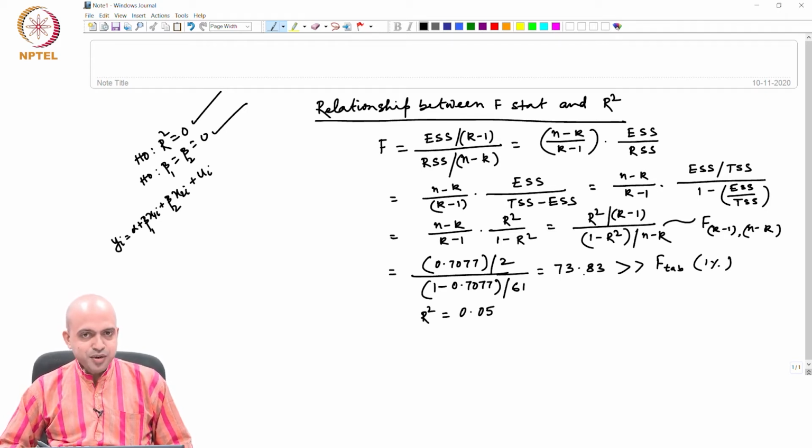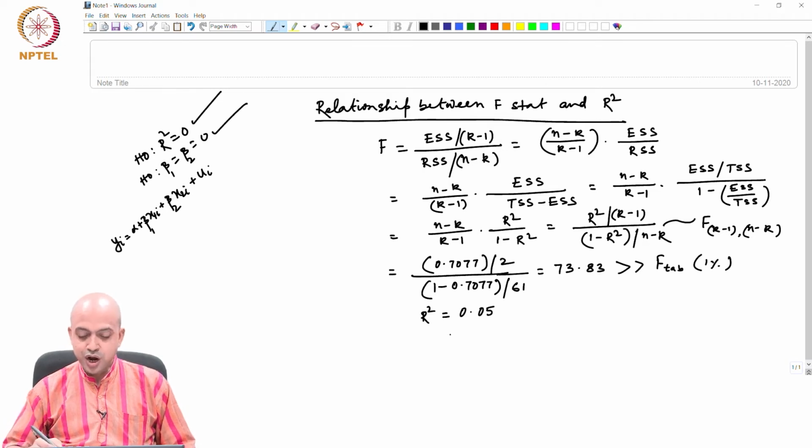Okay? So, when you are working with cross sectional data, it is quite likely that because of the heterogeneity across so many individuals, so many entities, your R square may turn out to be a low value. Okay, that is possible. All right.